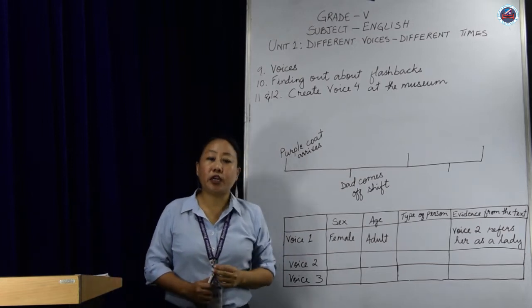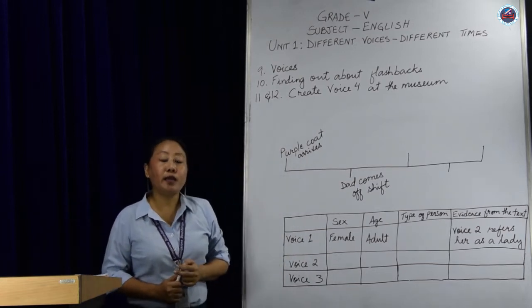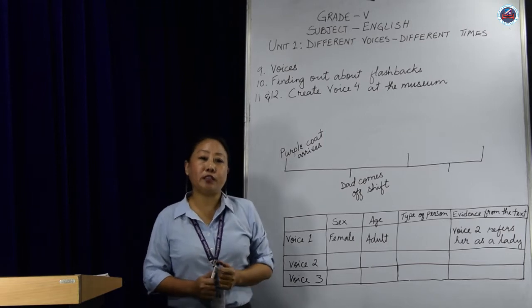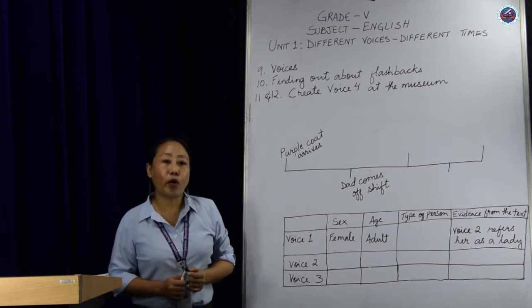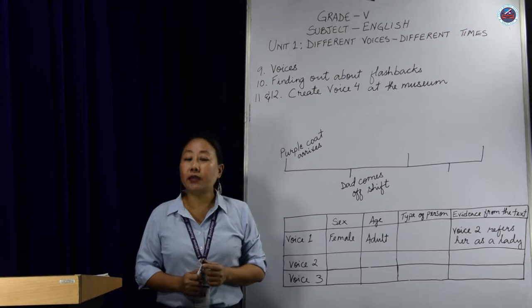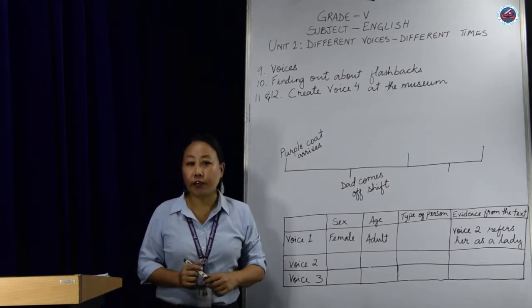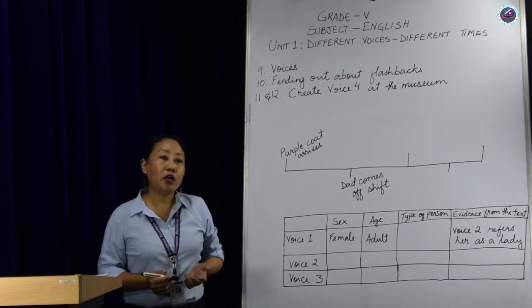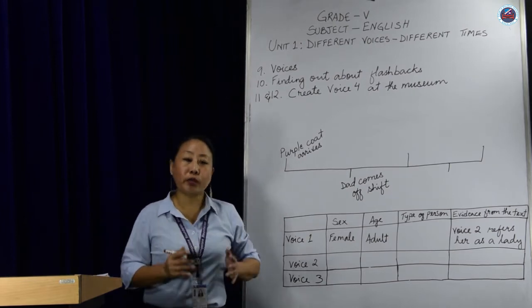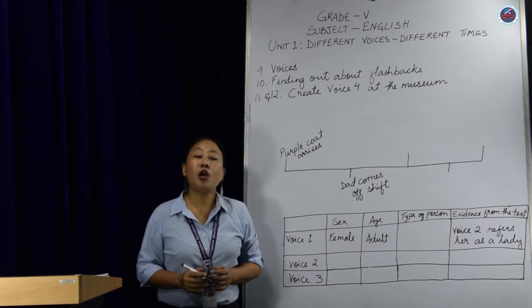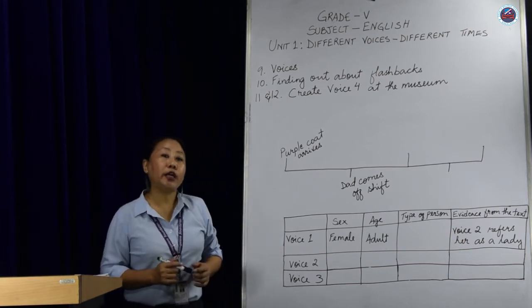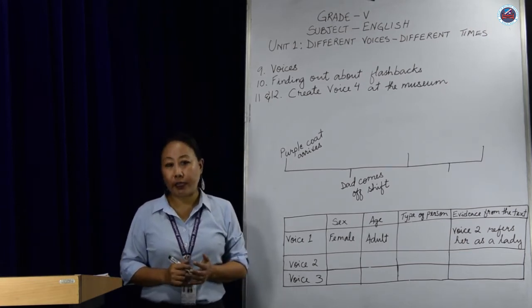Voices in the Museum, given on page 21, tells the same event from three different points of view. But a fourth person is also mentioned in the events. So here we have to piece together voice 4 by inference during reading or role play.